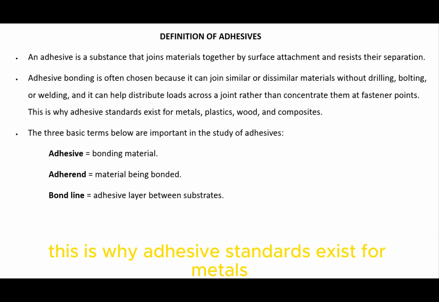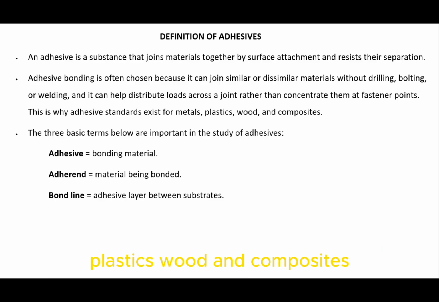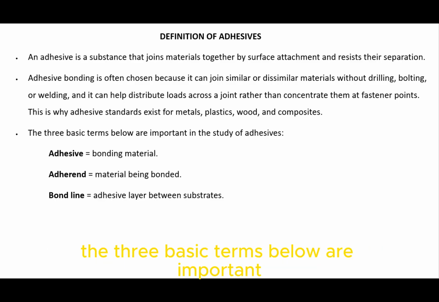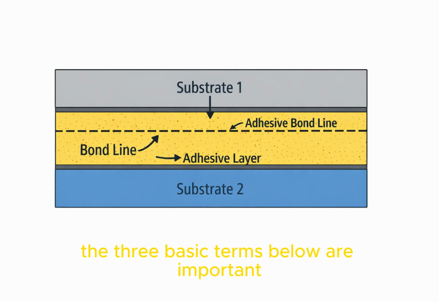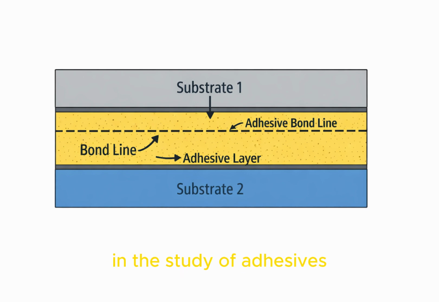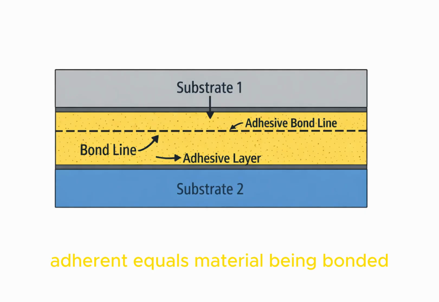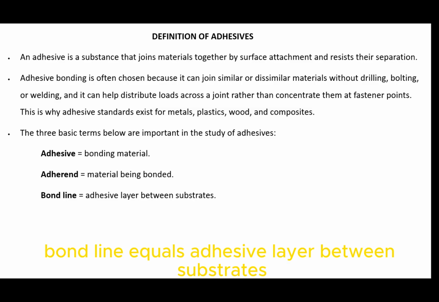This is why adhesive standards exist for metals, plastics, wood, and composites. The three basic terms below are important in the study of adhesives. Adhesive equals bonding material. Adherent equals material being bonded. Bond line equals adhesive layer between substrates.